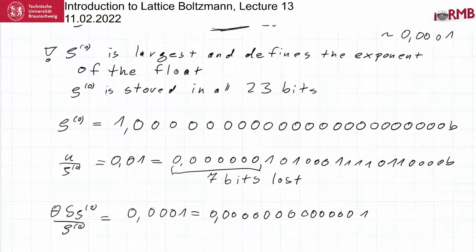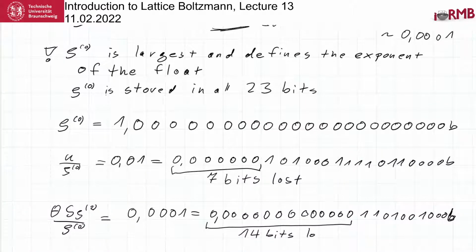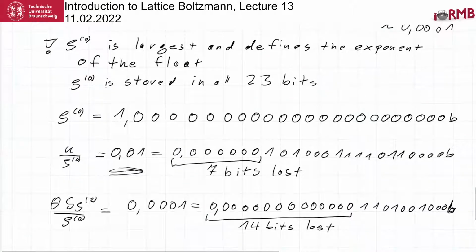Okay, I hope that I copied it correctly from my notes. If not, then we're probably missing one. Okay, this is how we store the pressure, and what we have now lost is 14 bits. So you see there's only 9 bits left. So we lost more than we kept, even though the velocity that we started off with is not particularly small.